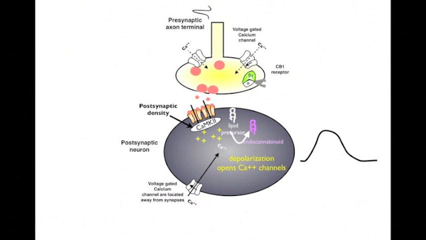Hence, when the postsynaptic cell is depolarized, the depolarization opens the voltage-sensitive calcium channels, but the calcium entry does not activate the CAM kinase 2 because the CAM kinase 2 is localized at the synapse and thus distant from the calcium entering through the voltage-gated calcium channels. Rather, the enhanced calcium influx from voltage-gated calcium channels triggers the production of the fat-soluble endocannabinoids.